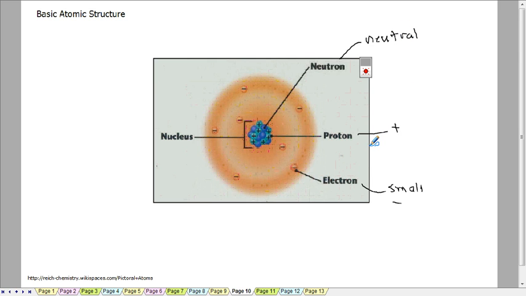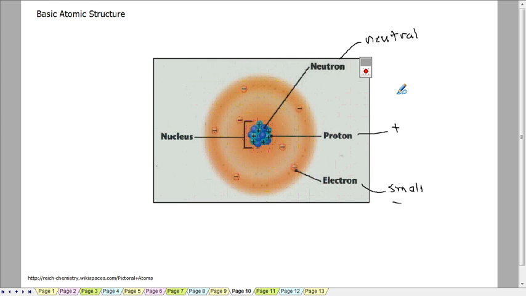Now, when we take a look at these particles, it's really important to go through a couple of the basics. One of the things we really need to remember is that neutrons and protons do not move in chemical reactions. That would be nuclear reactions. We're not going to worry about that. So for chemical reactions, what you'll get is a rearrangement of a nucleus.